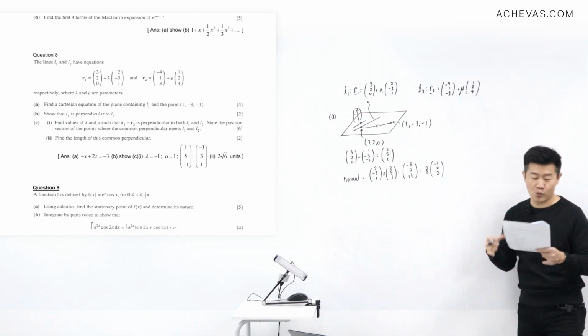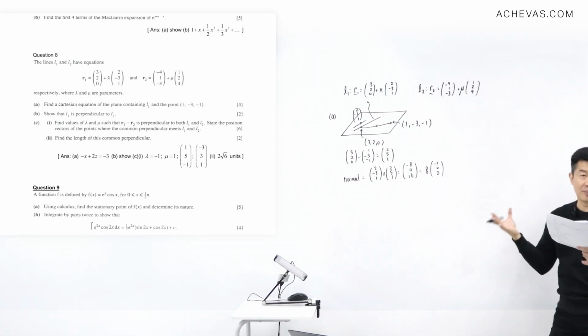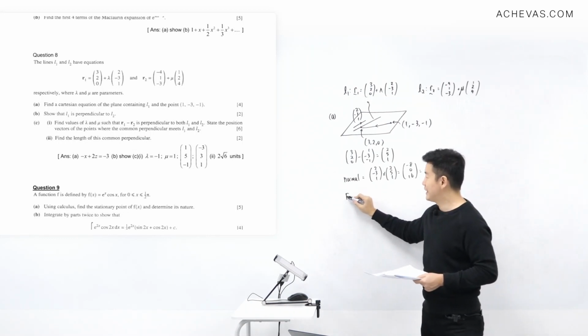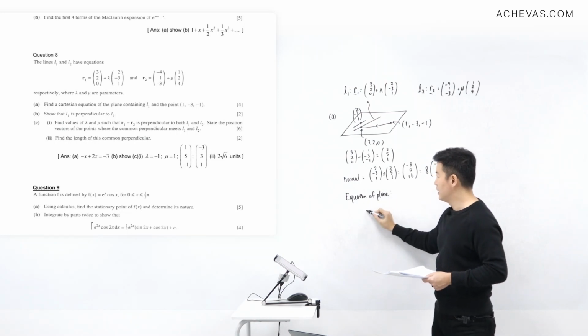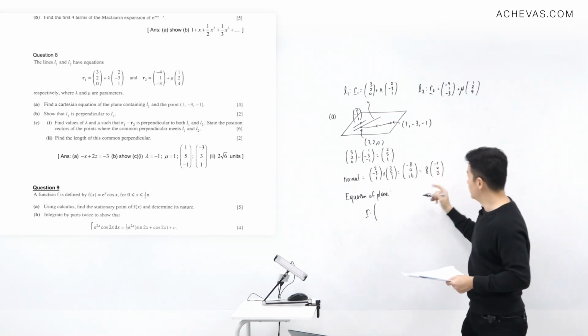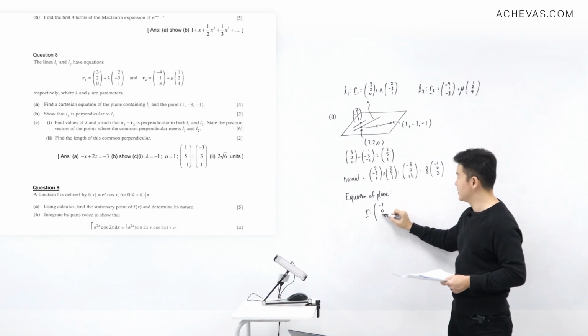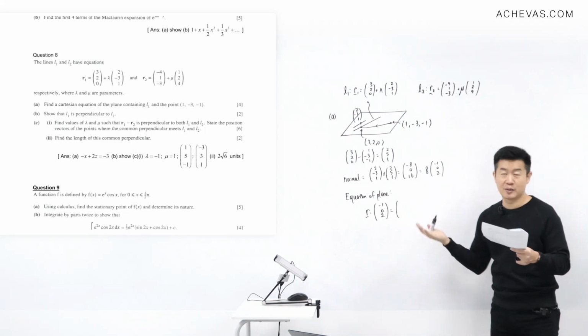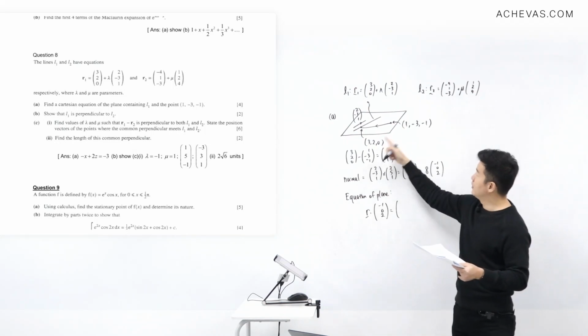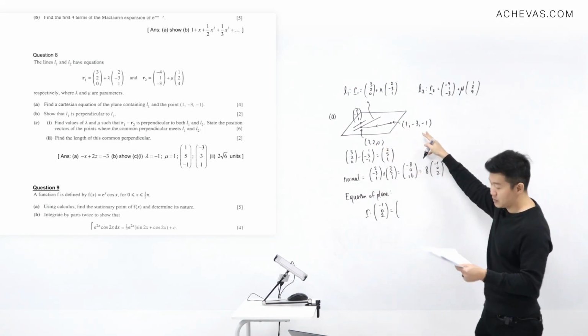(-1, 0, 2) will be the normal to the plane that I'm going to be using, which means that the equation of the plane is going to look something like this. r dot the normal, which is (-1, 0, 2), is going to be equal to the position vector of a point that is on the plane, dot the normal. I can make use of this point, or any point that is on the plane. Let's just make use of this.